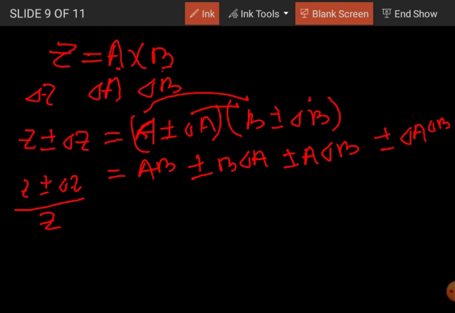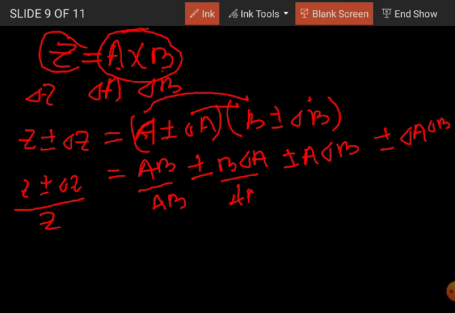On the left hand side you divide it by z, on the right hand side you divide it by a into b, since ab is z. If you divide by ab here, a into b, cancelling b with b, you will get delta a by a only.